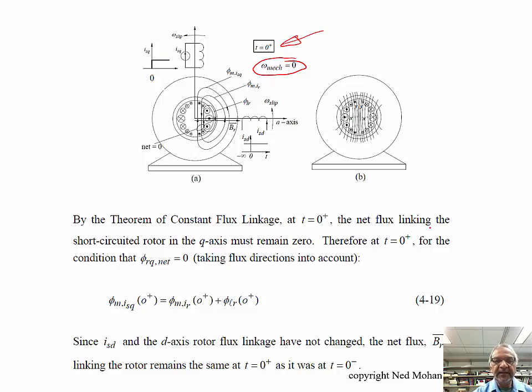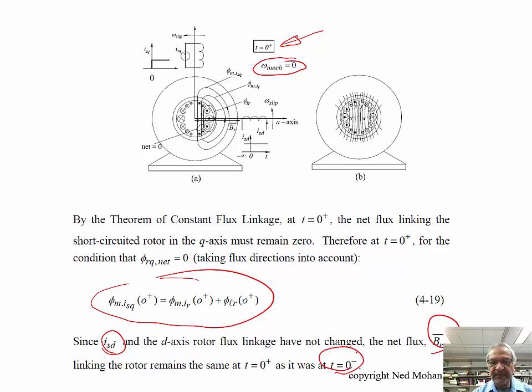As you can see, these fluxes show up like this in order to have the net flux linkage in the Q axis of the rotor to be 0, and since we are not changing ISD in the D axis, this is constant here. So same as it was at 0 minus.